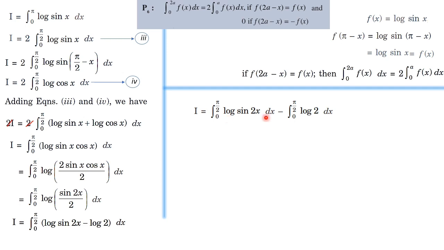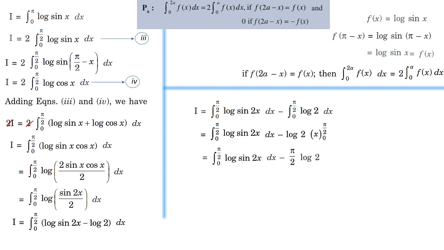This first one is not in our known format, but the second one is in a known format, so we can do this calculation. That is integral 0 to pi by 2 log sin 2x dx minus, log 2 is a constant, integral 1 dx is x, with the upper limit and lower limit. The first part we will just keep for another calculation, just keep as it is, 0 to pi by 2 log sin 2x dx minus pi by 2 into.